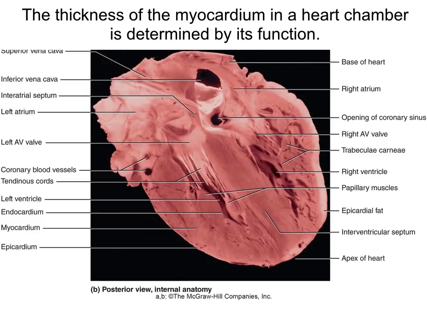For example, the myocardium in the atria is extremely thin, so the atria do not have a lot of muscle, which means they do have the ability to contract, but they can't contract with any significant force.